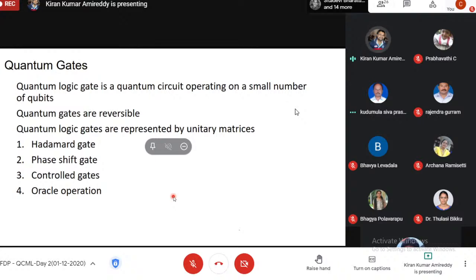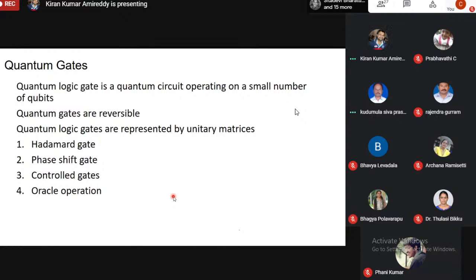But when we are dealing with quantum computing, it deals with qubits. So the quantum gates logically operate on a small number of qubits, in a sequence of operations. The classical gates are irreversible, but quantum gates are reversible. Quantum logic gates are represented by unitary matrices.